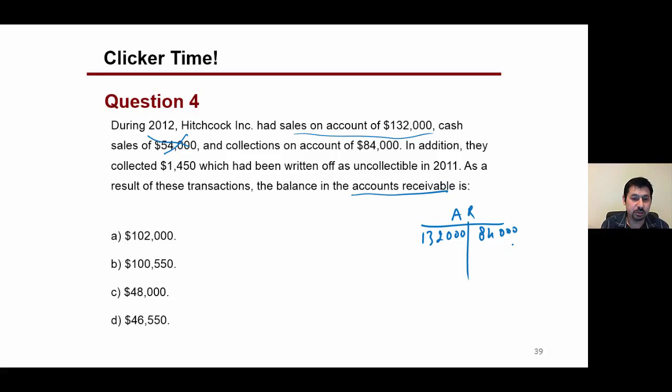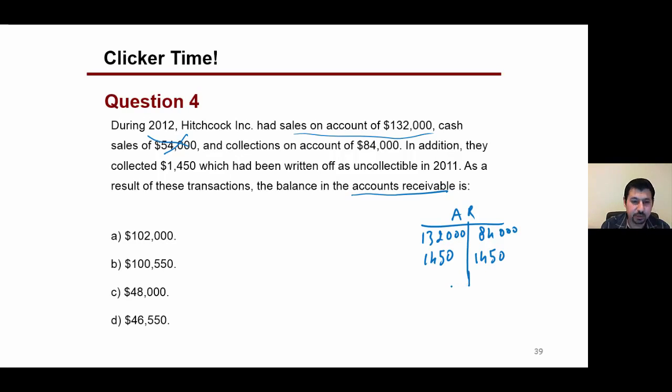Collection of a written off account will be a debit of 1,450 and a credit of 1,450. As you remember, we will first debit the account to reestablish the account that was written off, and then we credit it because we had debited cash.